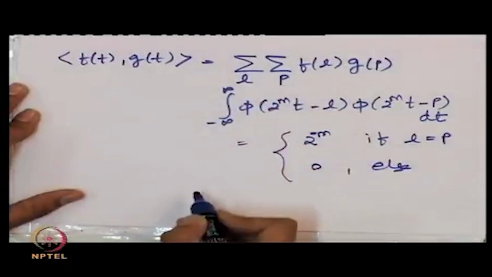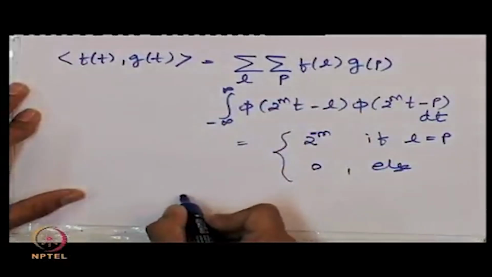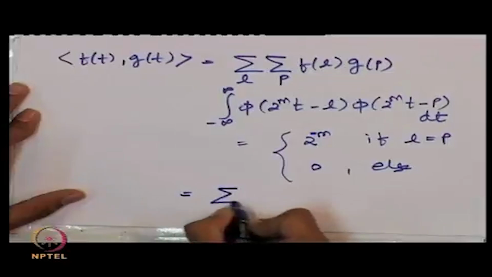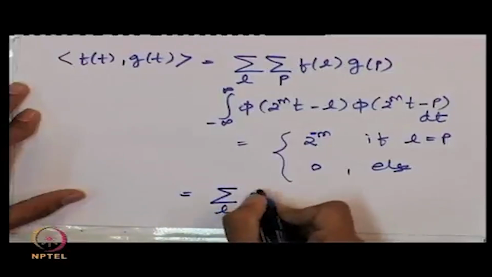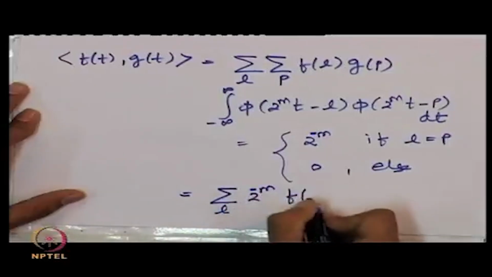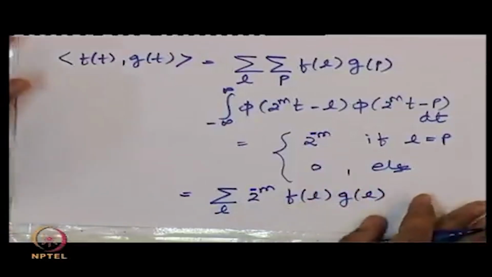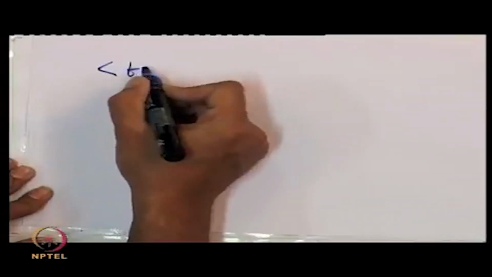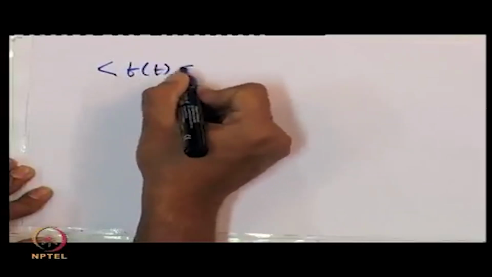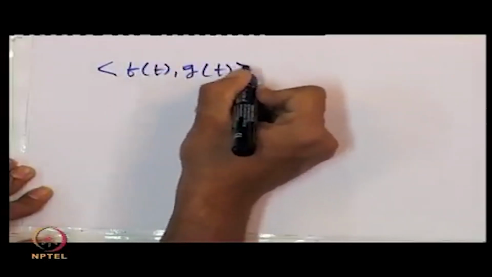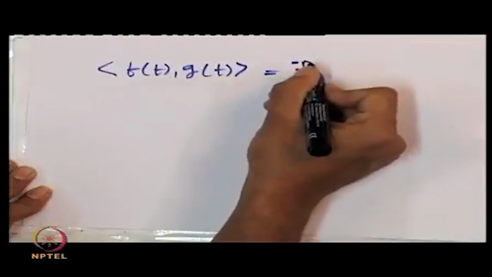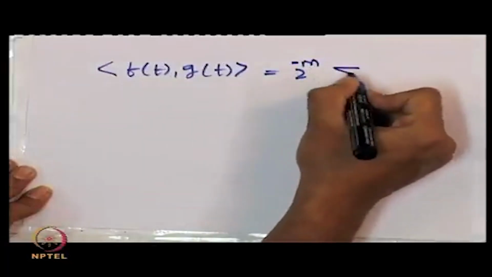Hence this double summation results into a single summation, 2 raised to minus m Fl Gl. Hence we proved that the inner product of Ft Gt is equal to 2 raised to minus m times sigma.